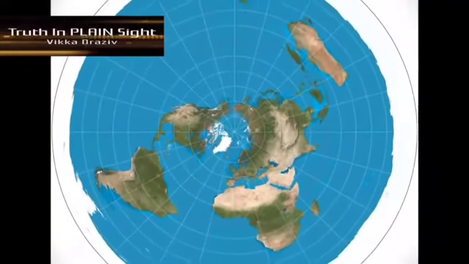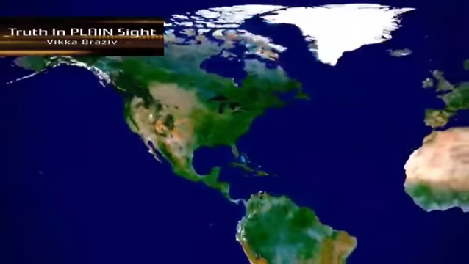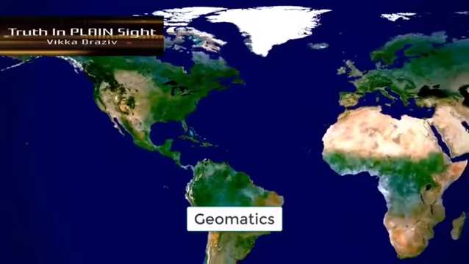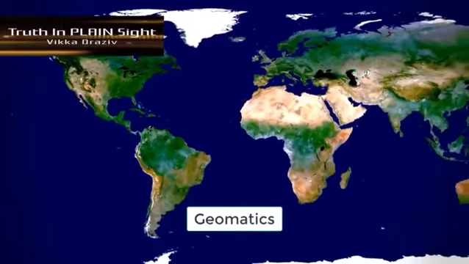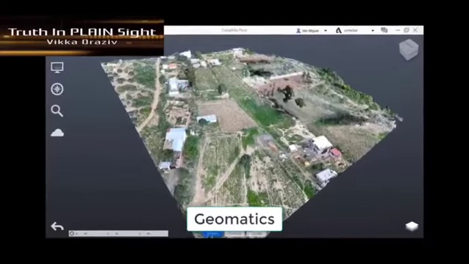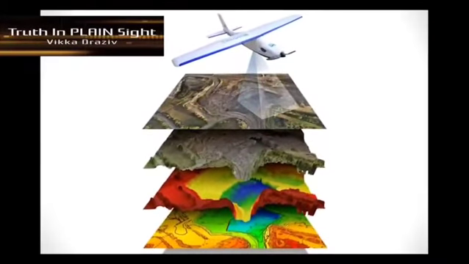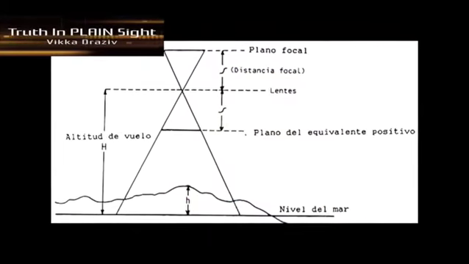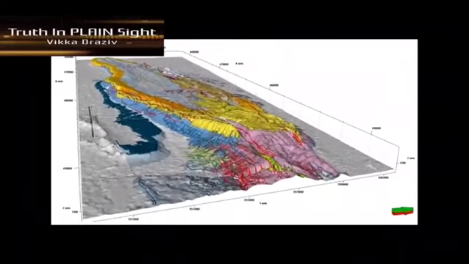Today these cartographic representations are made by computer using geomatics. Geomatics is a discipline that encompasses geosciences, such as cartography, geodesy and topography, with the integration and application of information and communication technologies.